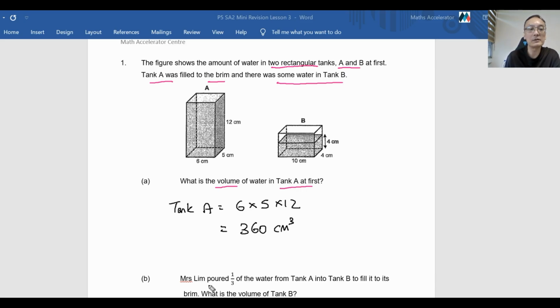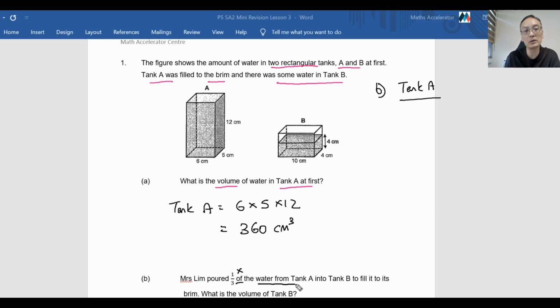Next, Mr. Siu poured 1/3 of the water from tank A into tank B to fill it to the brim. What is the volume of tank B? First of all, there's a transfer. Let's focus on tank A. Mr. Siu transferred 1/3 of the water into B. Of, we know, is to multiply.